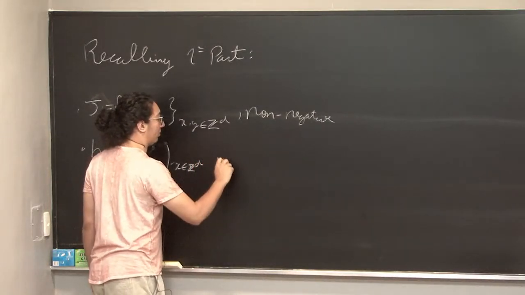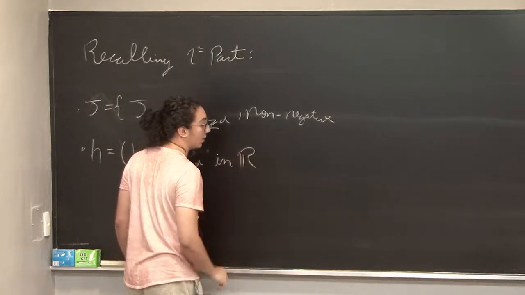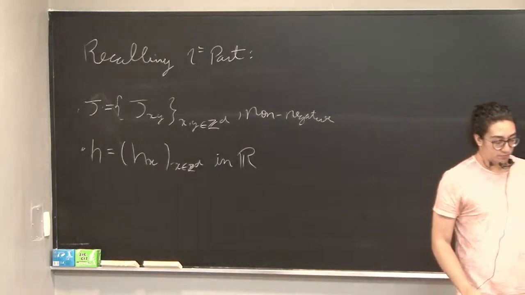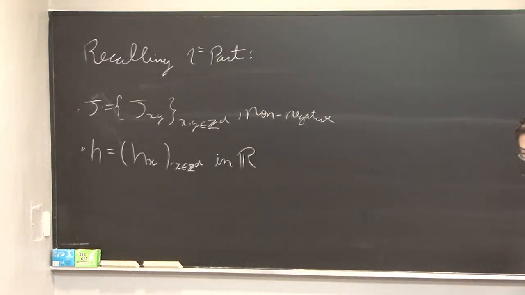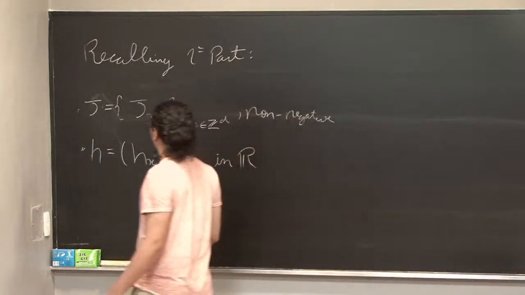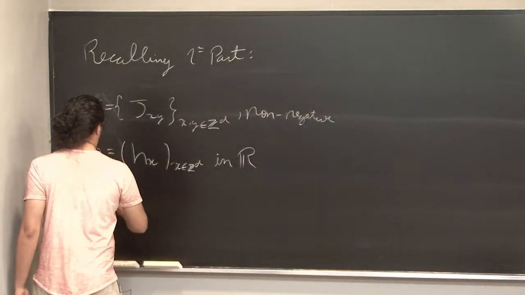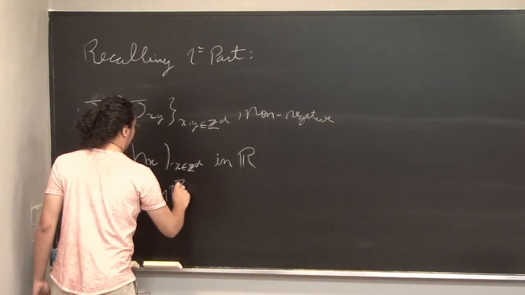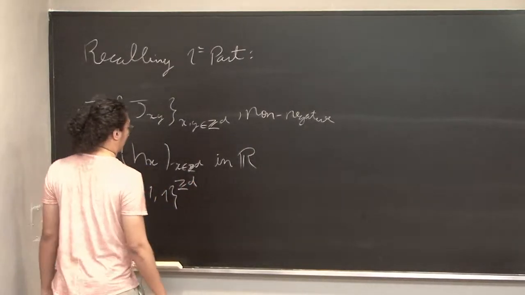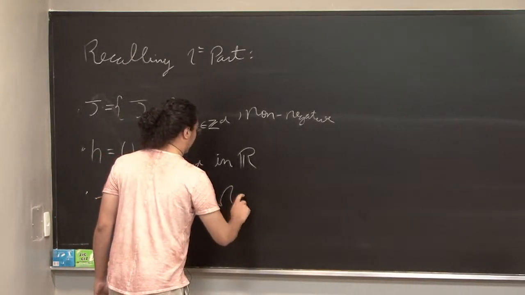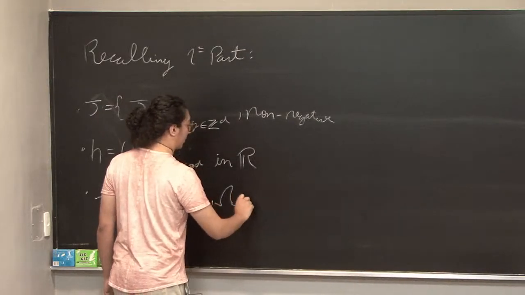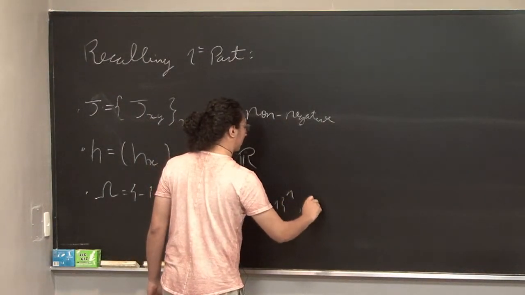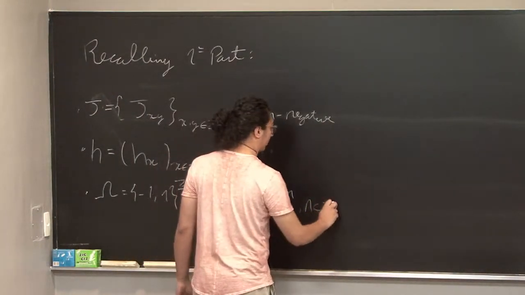And for now, let's assume they are real. We're going to need to make a little change to that in the future. Again, the configuration space is going to be {-1, 1}, Ising type models, and when I put a subset here, I mean {-1, 1}^Λ, with Λ finite, Λ a subset of Z^d.